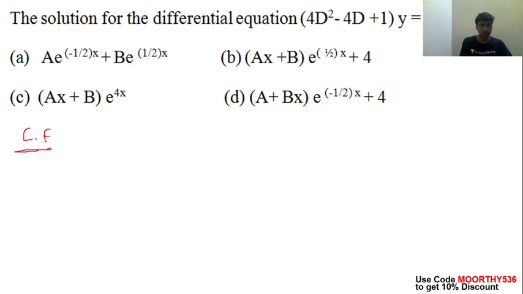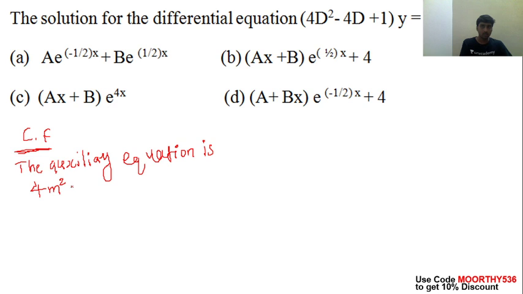What we are doing here is replacing D² by m² for the auxiliary equation. The auxiliary equation is 4m² − 4m + 1 = 0.